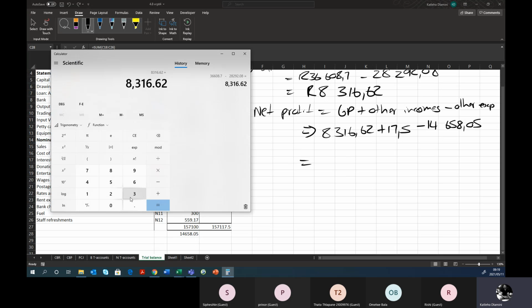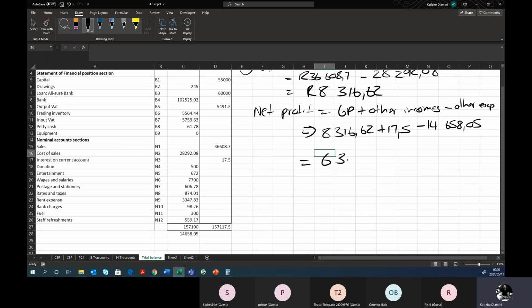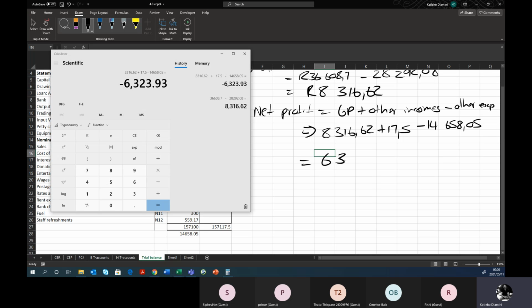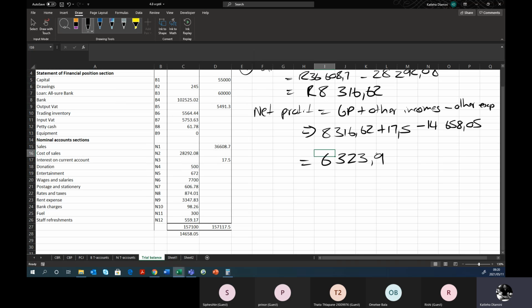Plus 17.5 minus 14,658.05. All right, so we made a loss, as you can see, of 6,303.93. So we made a net loss.